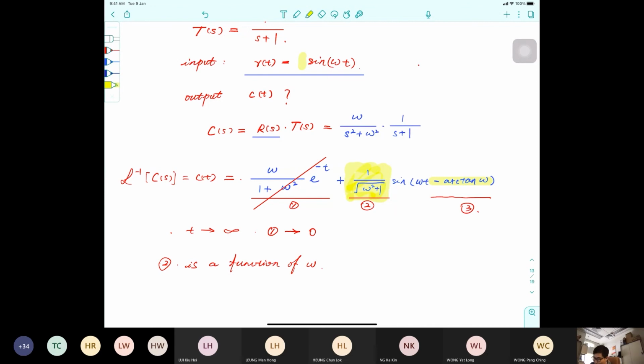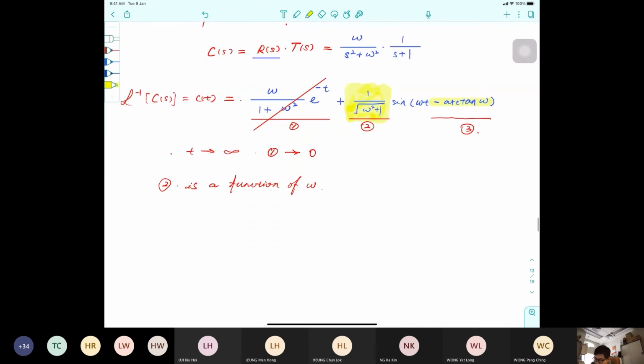So we call the ratio between output magnitude over input magnitude, 1 over square root of omega square plus 1 over 1, right? Input magnitude is 1.